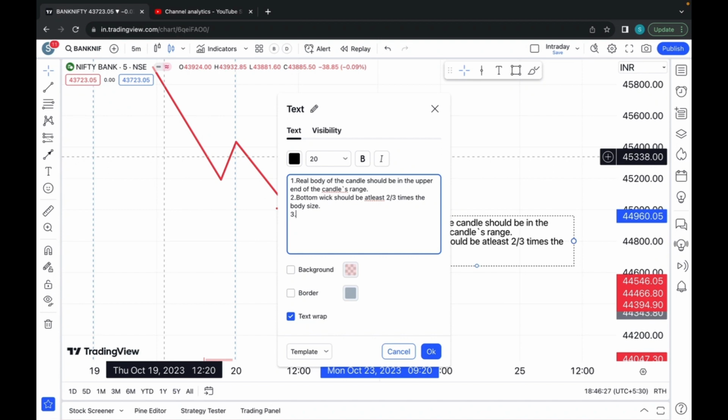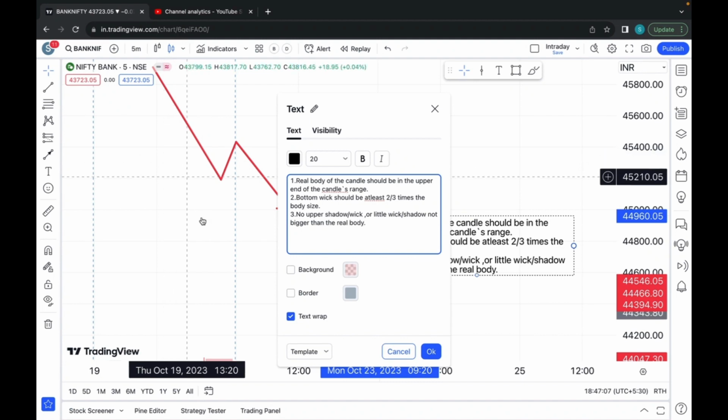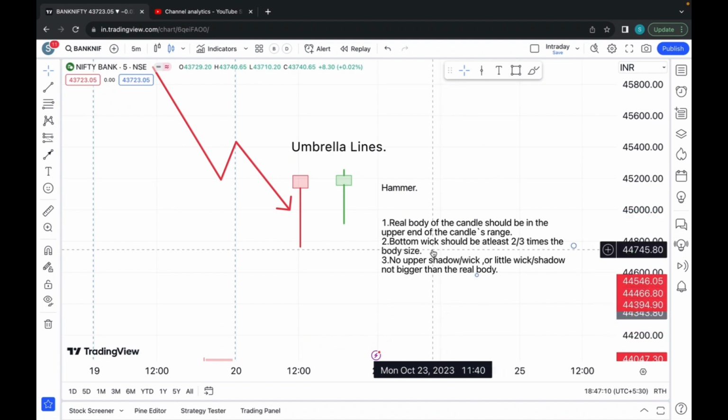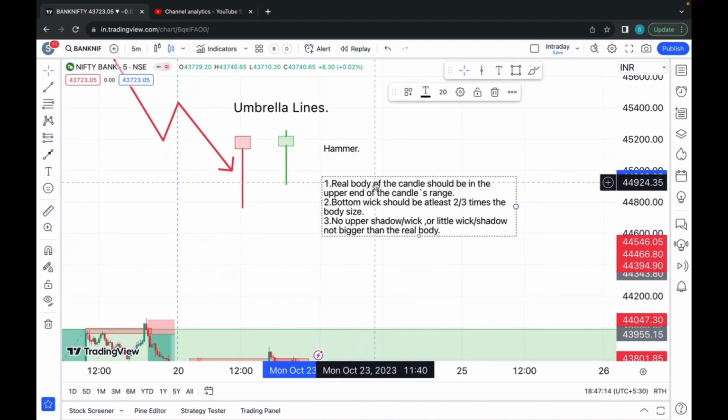And the third point is, you need no upper shadow or wick, or a wick or shadow not bigger than the real body.